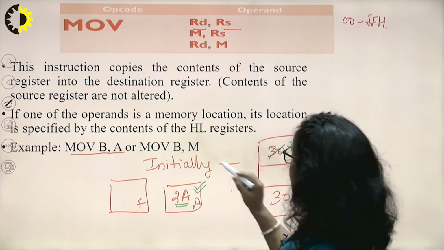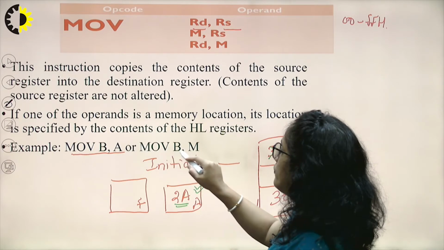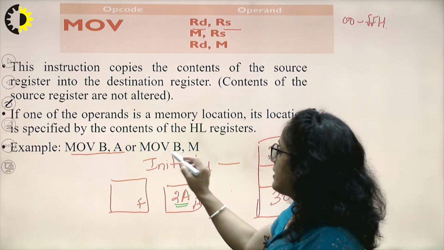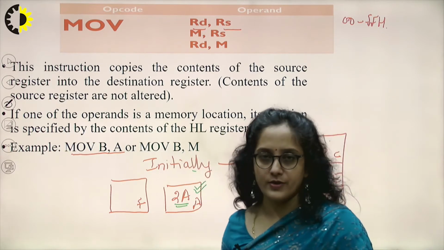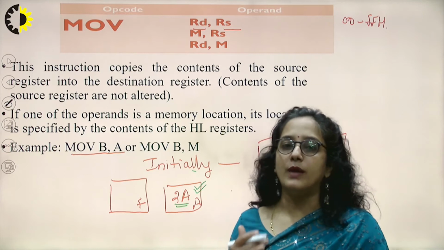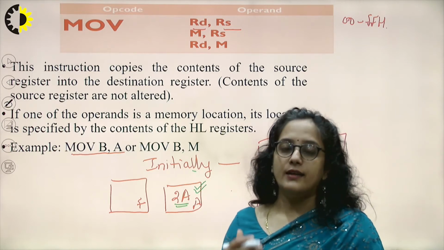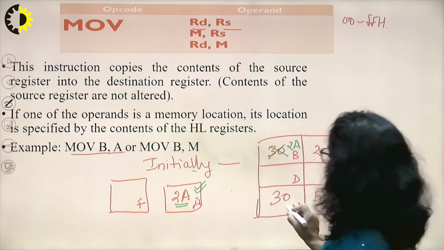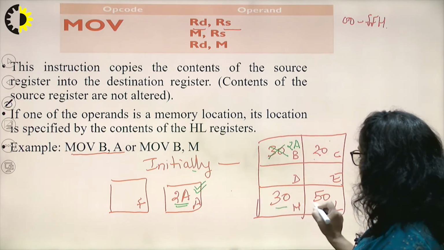Now in the second case, MOV B comma M. When this opcode is fetched and decoded, the microprocessor comes to know that it has to read data from a memory location. Which memory location? It will check the HL pair, 3050.